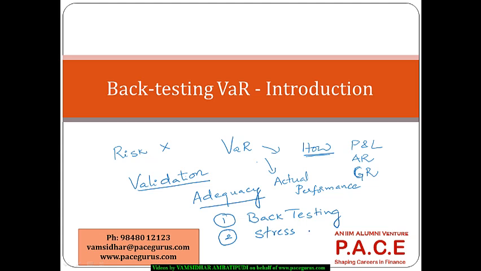Apart from that, we can also have stress testing, or an independent review of the work product or the model, doing an oversight on it, checking the fitment of the model to the requirement. Here let me talk about backtesting, which is one of the core processes that can validate the model.